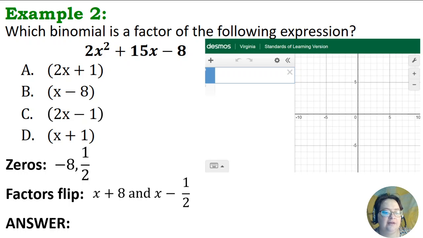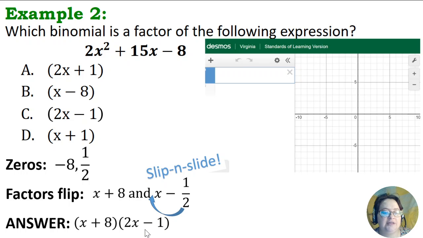Then I'm going to slip and slide, so the bottom number of the fraction slides in front of x. So I write out my answer, x plus 8 in parentheses times 2x minus 1 in parentheses.